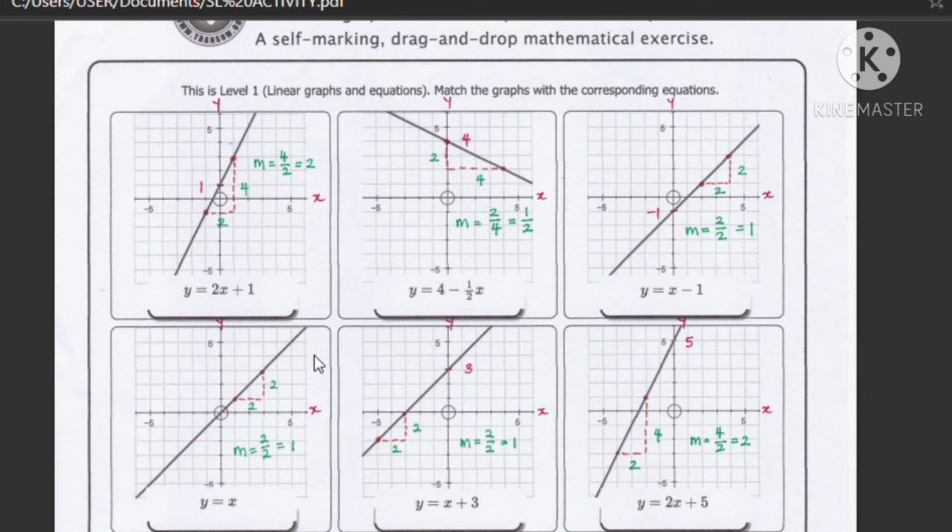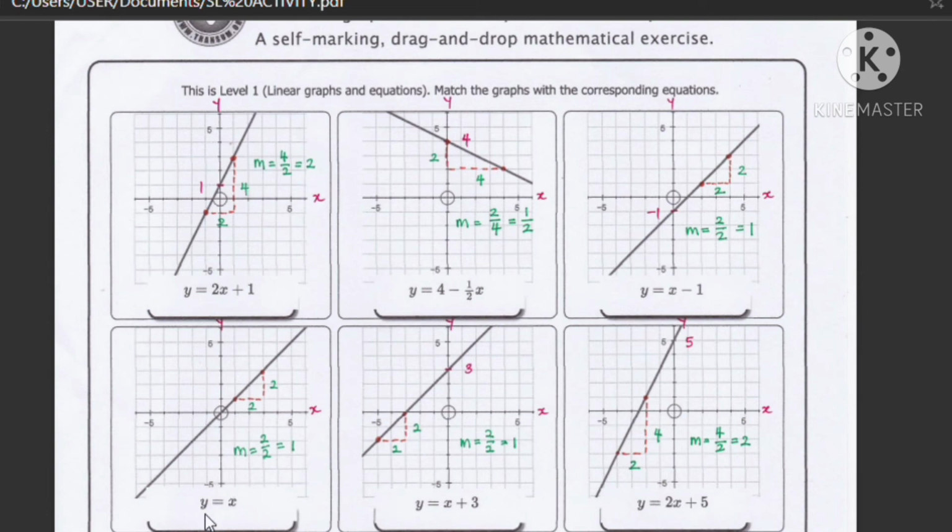So for this graph, it crosses both the y-axis and x-axis at the origin, and the y-intercept is 0, so you don't have to write the 0, or if you want to, you may.